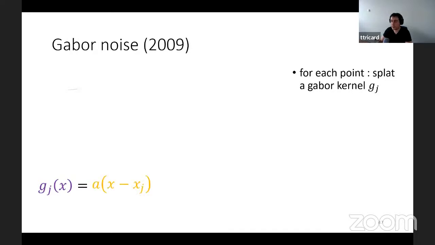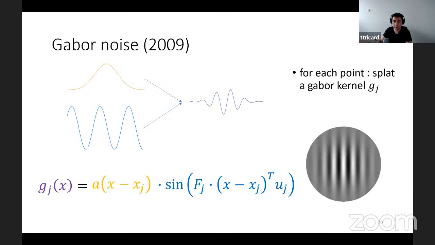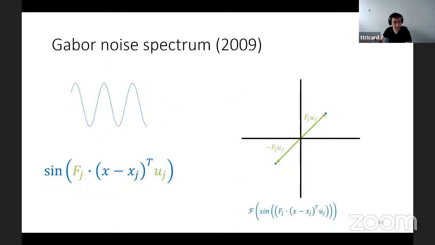It's composed of a Gaussian multiplied by a sine wave. And when you combine them, you get this kind of wave here. And in 2D, it will look a bit more like this one. So if we decompose it and look a bit at its spectrum, we'll see that it's composed first of a sine wave. In the Fourier space, it will be just two Dirac positions according to the frequency and the orientation of the kernel.